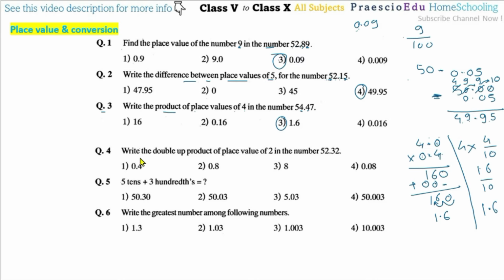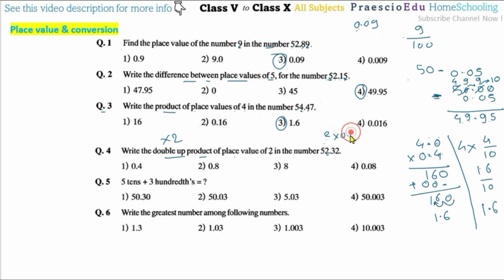Now question number 4: write the double up. Double up means we can say multiply by 2. Whatever product comes here, we have to multiply by 2 after that. So the place value of the 2 in the number. So here the 2 is only at the unit place. So 0.32, here multiply by 0.